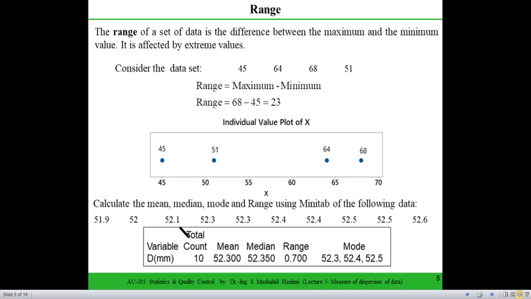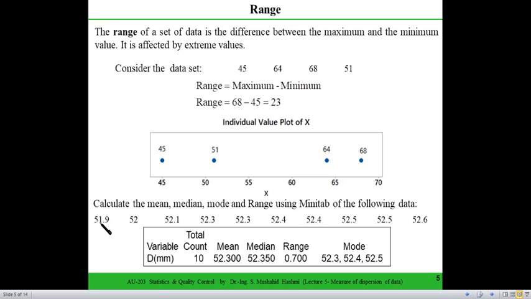Here, 52.5 is its maximum value, and its lowest value is 51.9. So 51.9 is its minimum value.